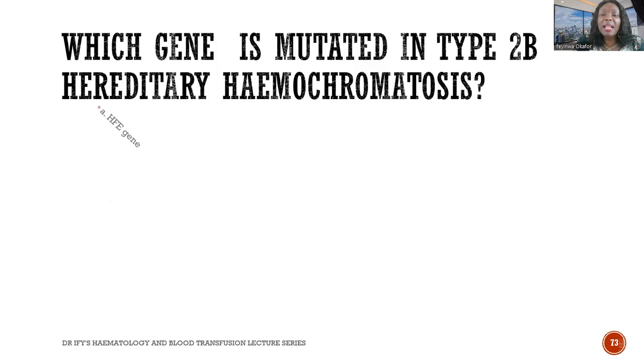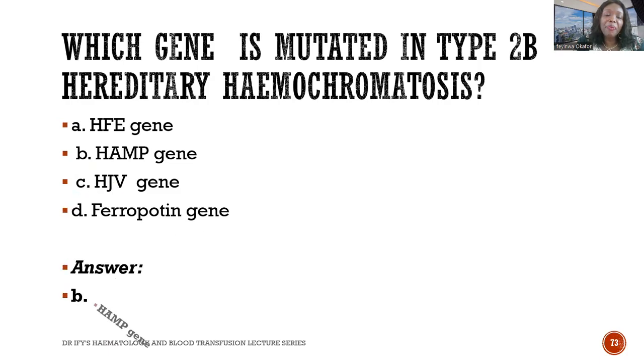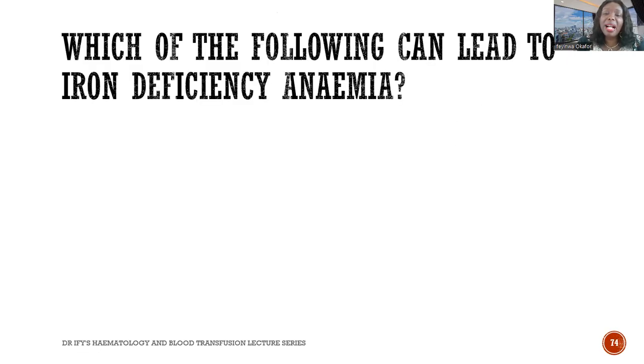Which gene is mutated in type 2B hereditary hemochromatosis? HFE gene, HAMP gene, HJV gene, ferroportin gene. Answer B, HAMP gene. That is, the hepcidin antimicrobial peptide gene is mutated in type 2B hereditary hemochromatosis. Which of the following can lead to iron deficiency anemia?